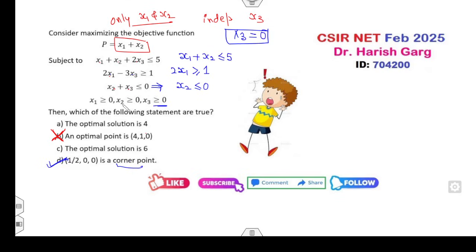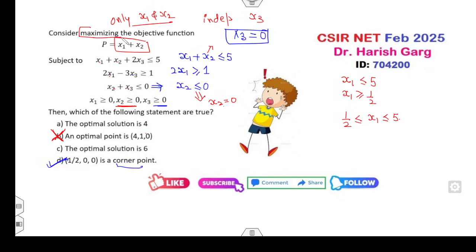But x2 can never be negative, which implies x2 will be 0. If x2 is 0, your equation becomes x1 is less than 5. x1 is greater than half. So half is less than x1 is less than 5.